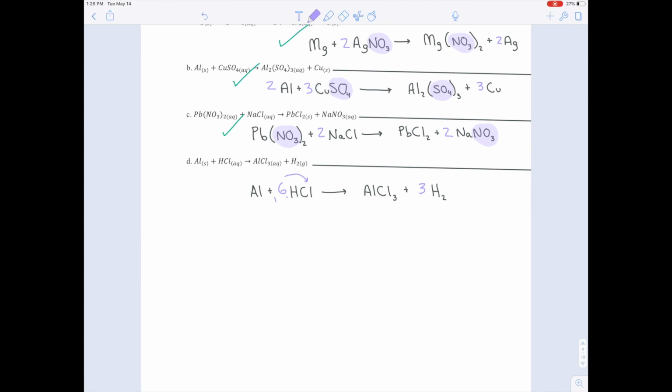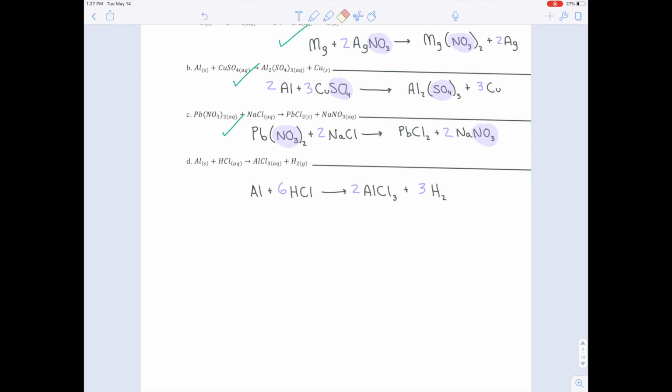We have 6 chlorines on the left, remember to distribute. And actually when we change that, we only have 3 chlorines on the right, so to turn that 3 into a 6, you would just need to multiply it by 2.